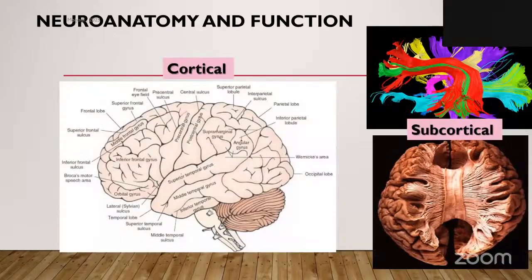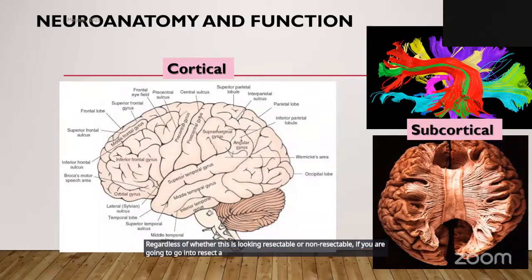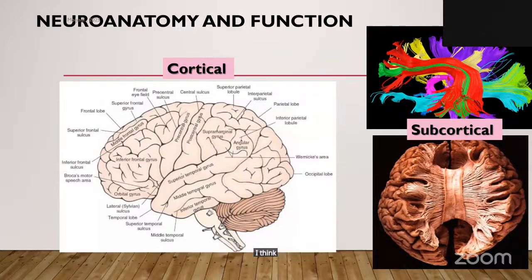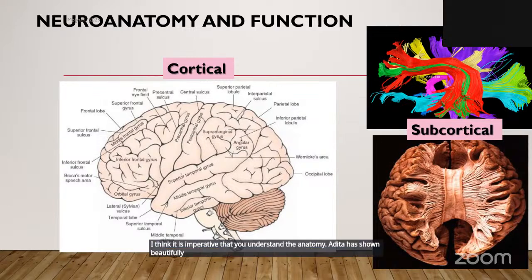Regardless of whether this is looking resectable or non-resectable, if you are going to resect a tumor or a glioma, which is an intraaxial tumor, I think it is imperative that you understand the anatomy. Abida has shown beautifully subcortical anatomy, and the cortical anatomy, which serves as landmarks, both anatomical as well as functional, is extremely important.